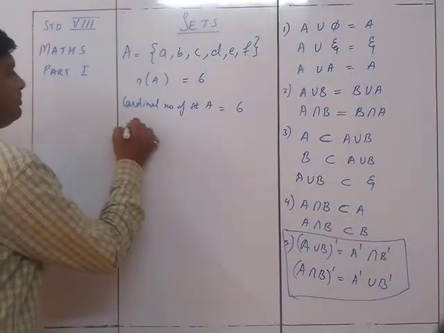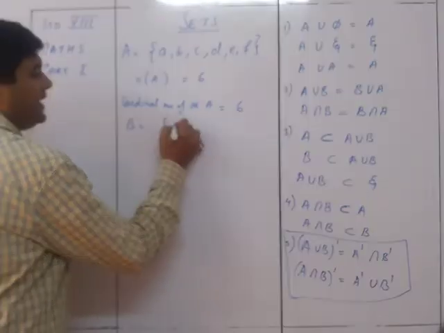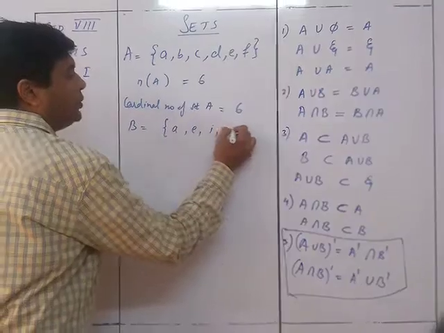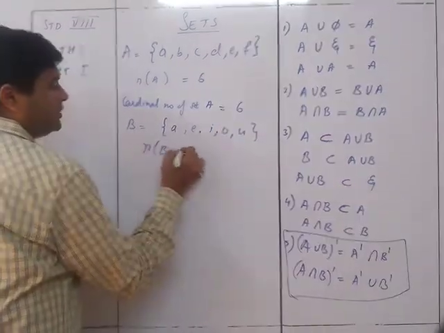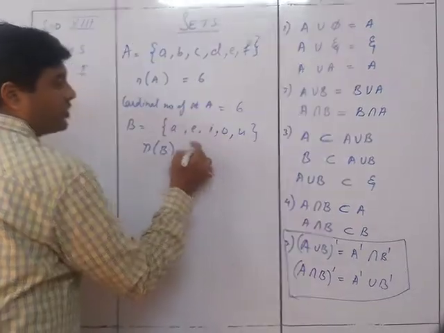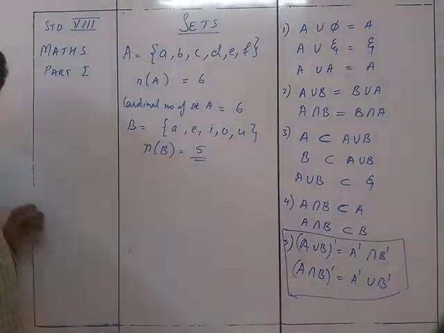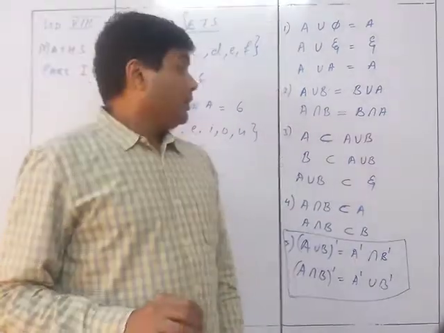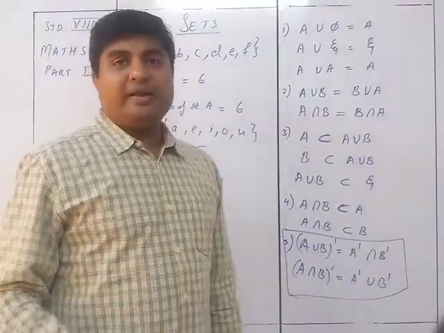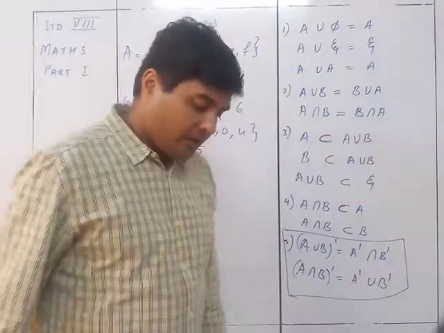So if I am saying B is equal to {a, e, i, o, u}, then we say n(B) is equal to 5, because 1, 2, 3, 4, 5. Okay. So cardinal number gives you the number of elements present in a particular set.